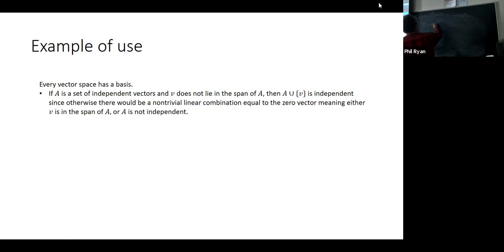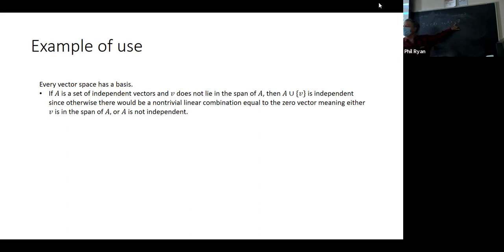c1 times a1, let's do the A's first, a1 plus ... cn an plus c times v equals 0. So if c was not equal to 0, then that would tell us that A wasn't linearly independent.